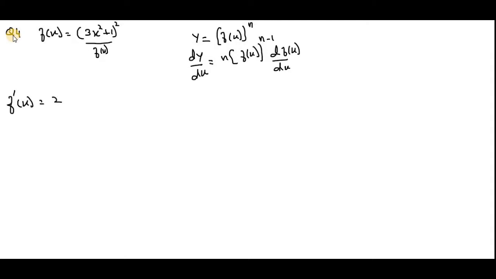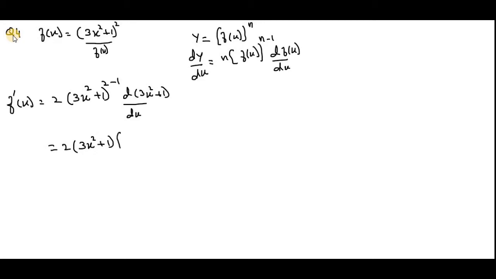So here we take f dash of x is equal to 2 times 3x square plus 1 to the power 2 minus 1, then the derivative of the function as stated in the formula, 3x square plus 1.